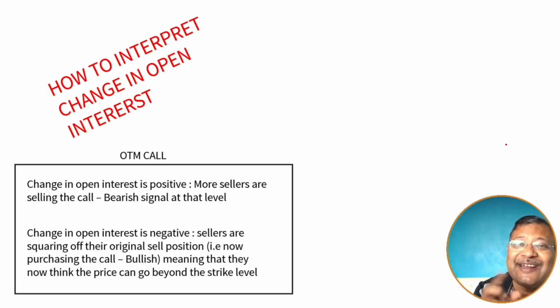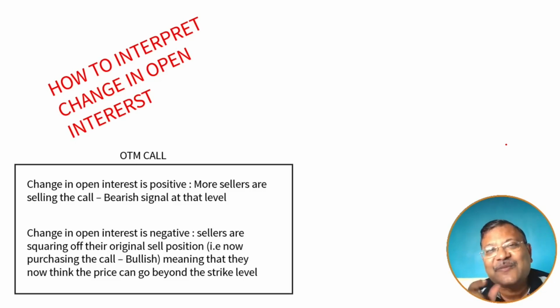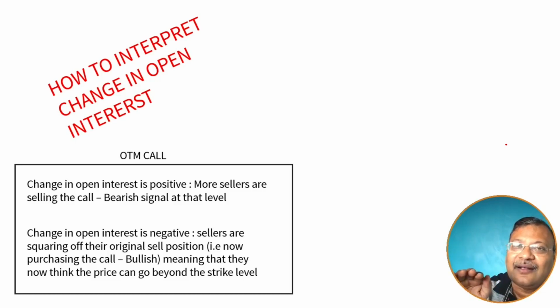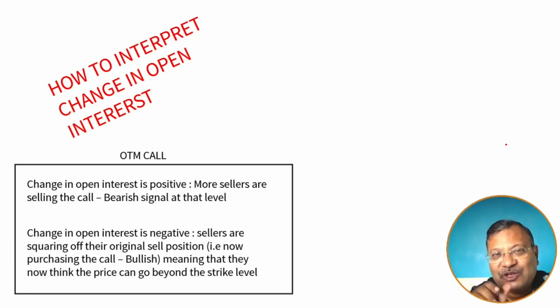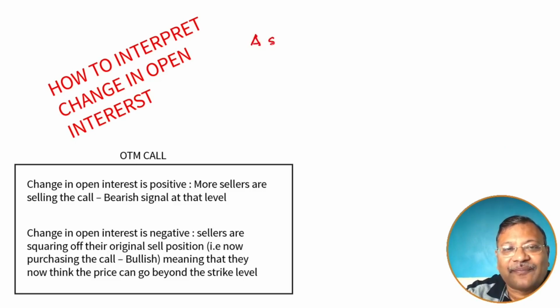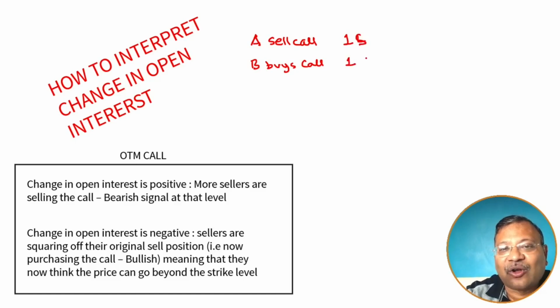If the change in open interest is negative, what does this mean? This means that people who had earlier an open interest are now squaring off their position. That is why there is a decrease in the open interest. Just think of this. Let us say A sells a call and B buys a call. So there is one short call and one long call, which means open interest is 1.